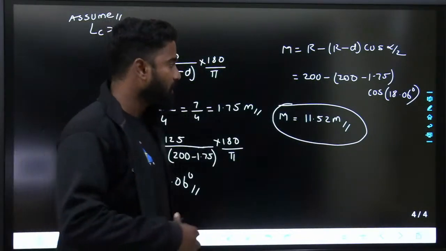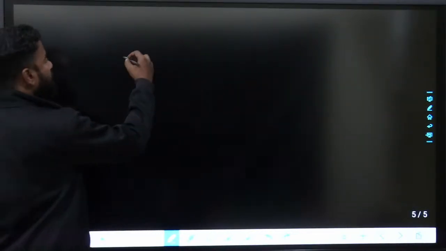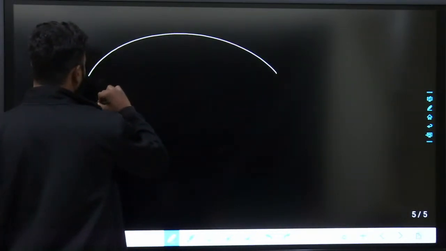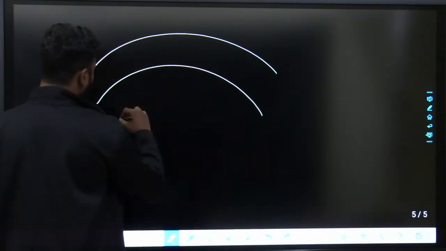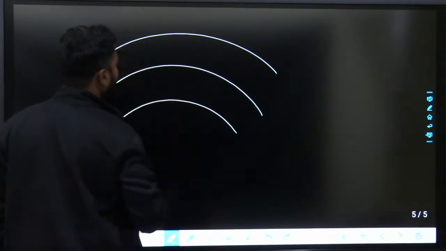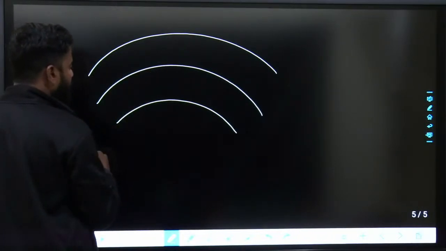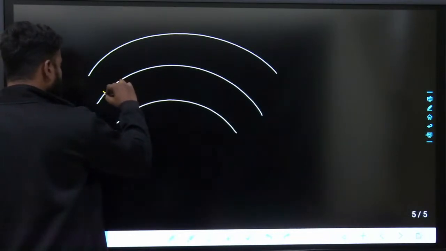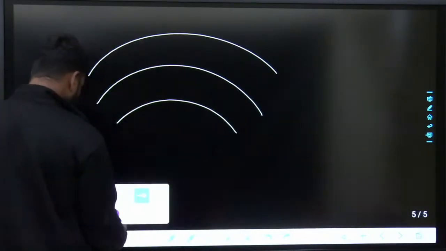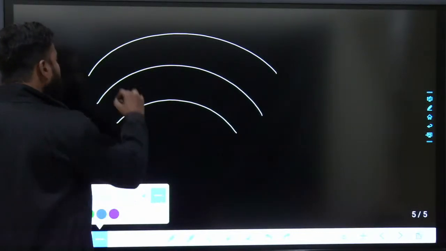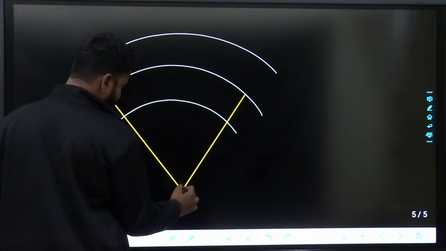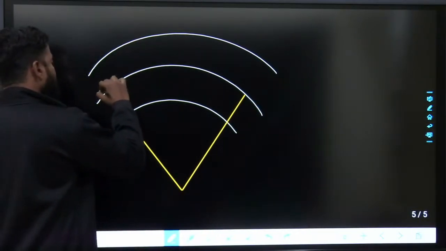In the question, if they ask for the setback distance from the center line of the inner lane, let us say this is the two-lane road. This is the center line, right? And we assume that the vehicle is kept over here.